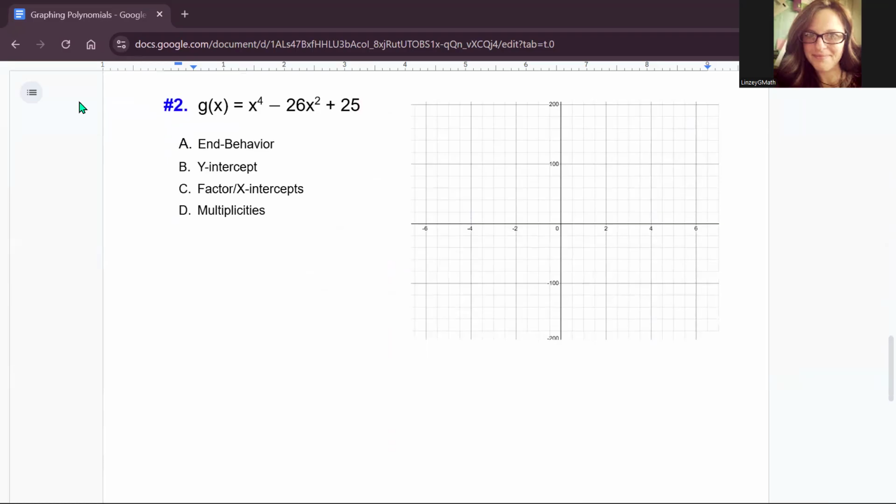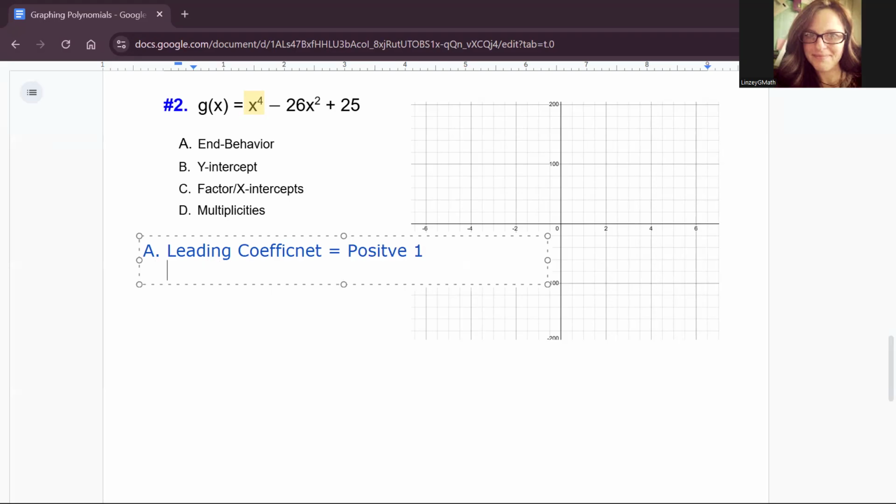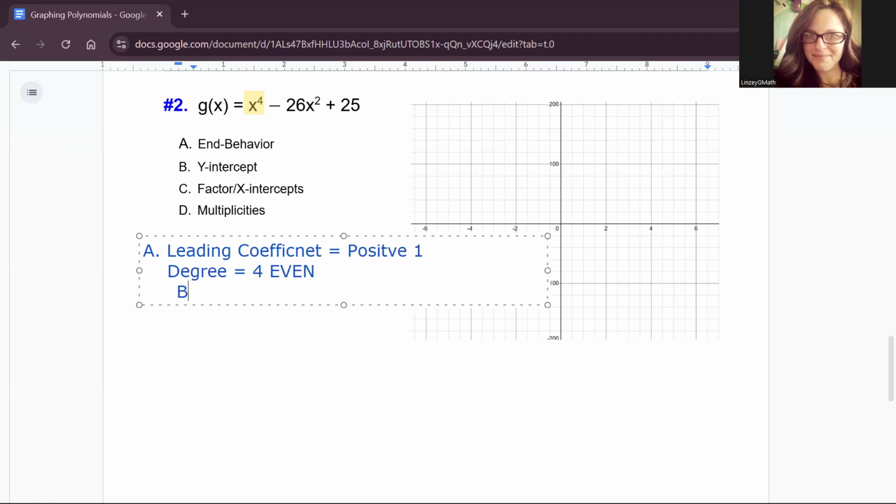Starting with our end behavior, determined by the leading coefficient and the degree. Since our leading coefficient is positive 1, and our degree is 4, an even degree, both ends go up.